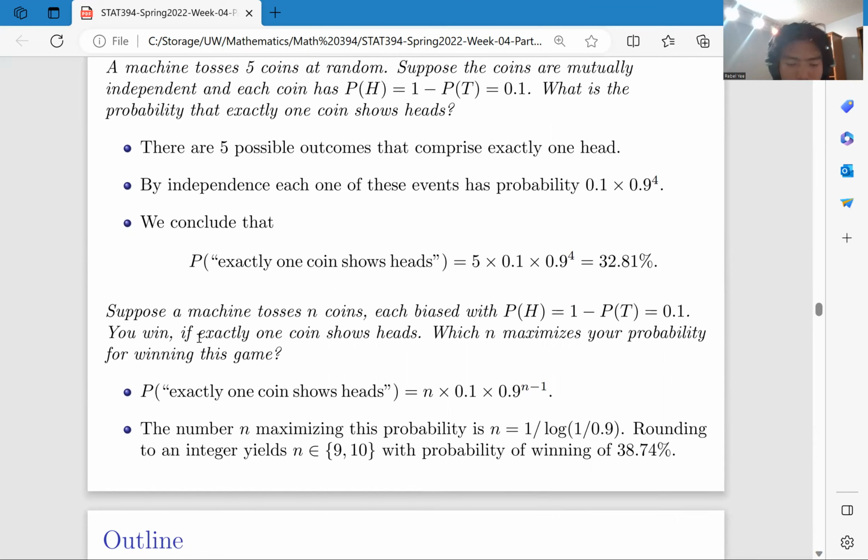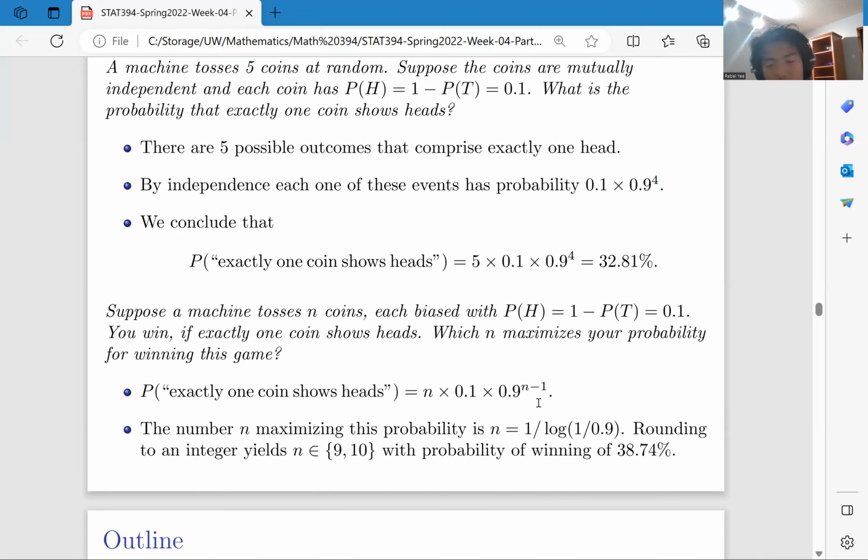And so there's one more question to ask. Which n maximizes your probability of winning the game? If you toss n coins and there's exactly one head, you win the game. If there's not exactly one coin showing head, you lose the game. So what n maximizes the winning chance?